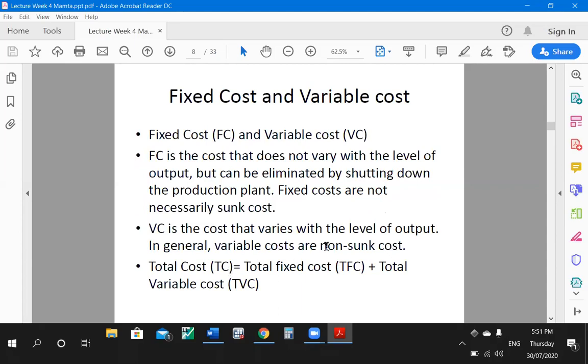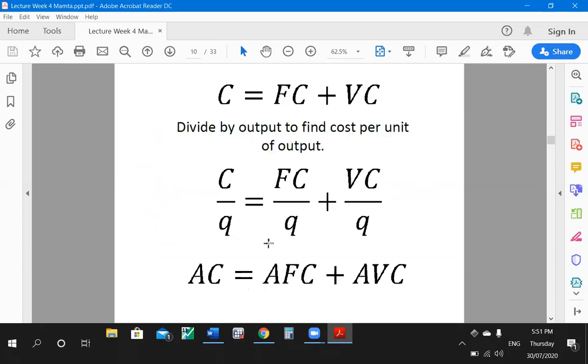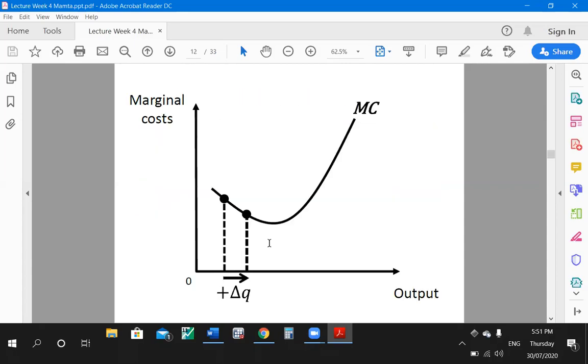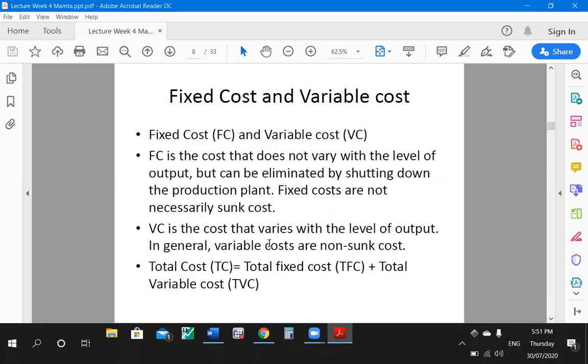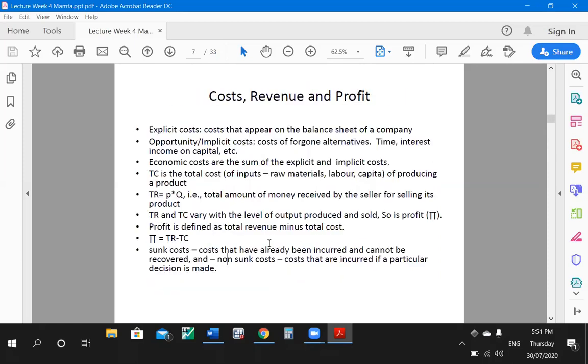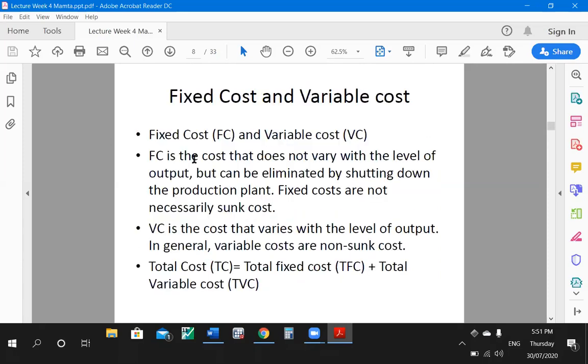Let's move on. We have a lot of other things to look at. Now we'll talk about fixed cost and variable cost. What is a fixed cost? What is a variable cost? They did not show you graphs on this, so I would like to add some graphs here as well. Fixed cost and variable cost depend on production volume.